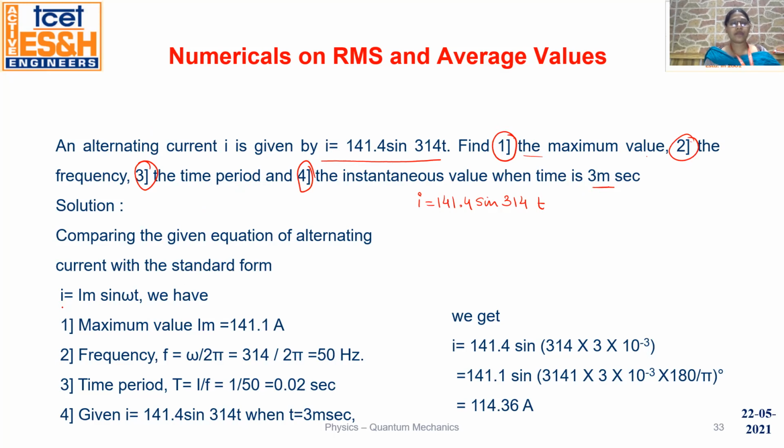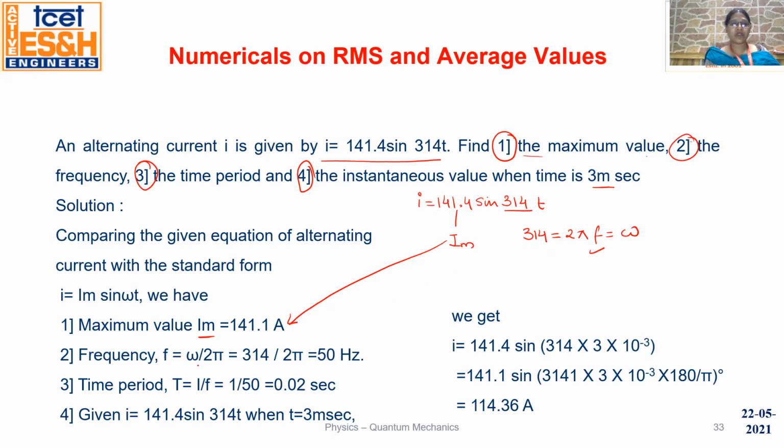So see, for maximum value, this is the Im, so it is directly given. Now for frequency, this 314 is equal to 2 pi f, which is omega. So from here you can find frequency.